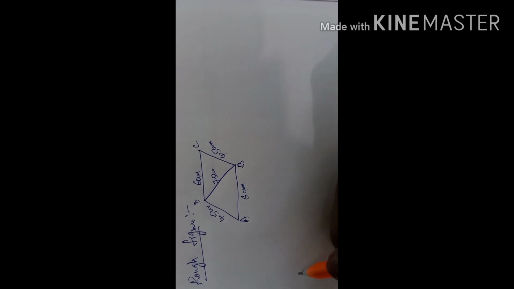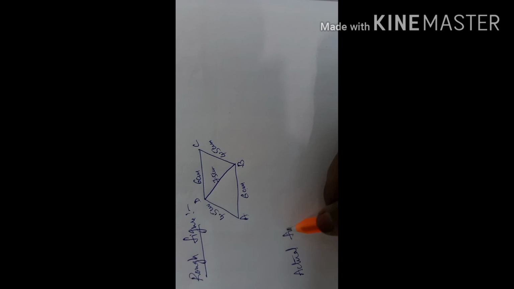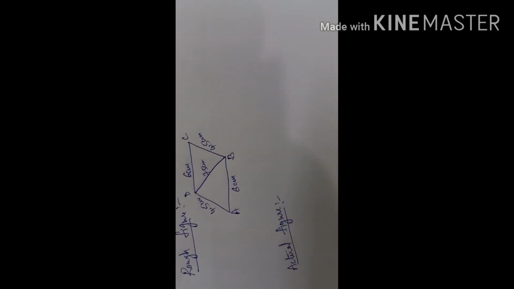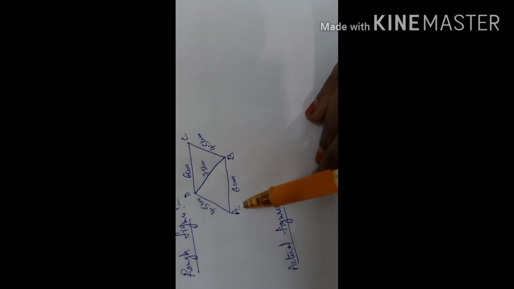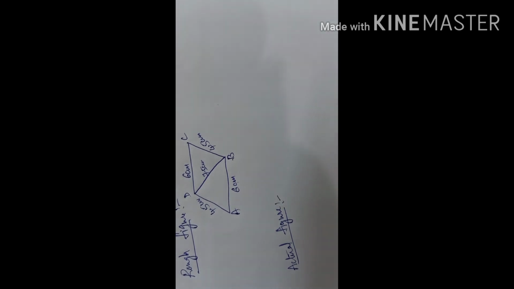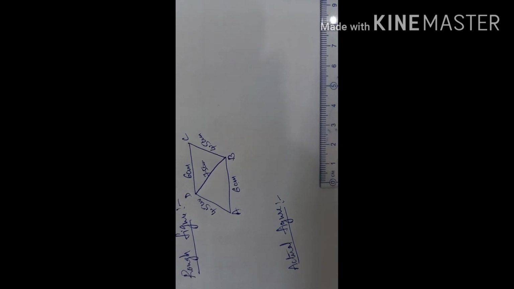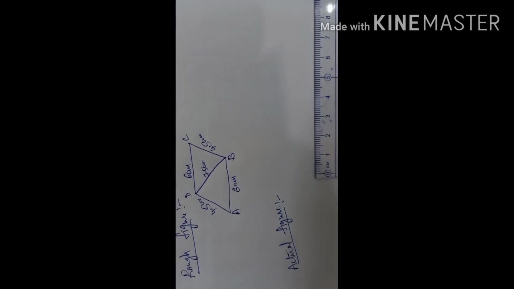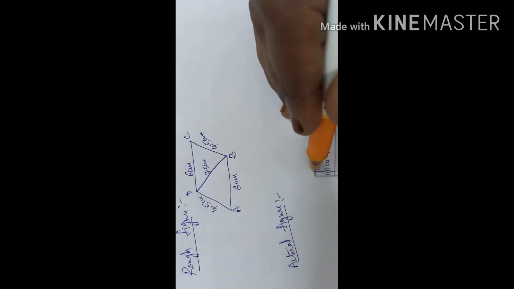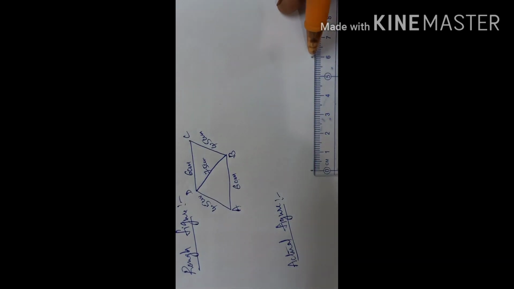Now draw the actual figure. So for actual figure, first of all we have to draw the base. The base means AB. AB is 6 centimeters.